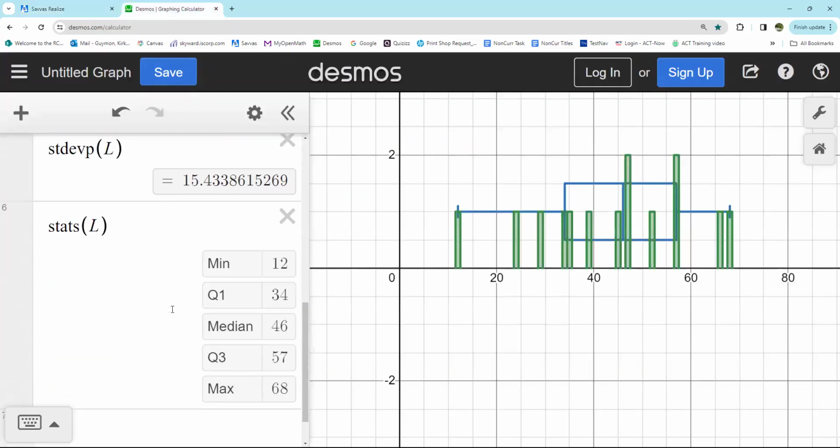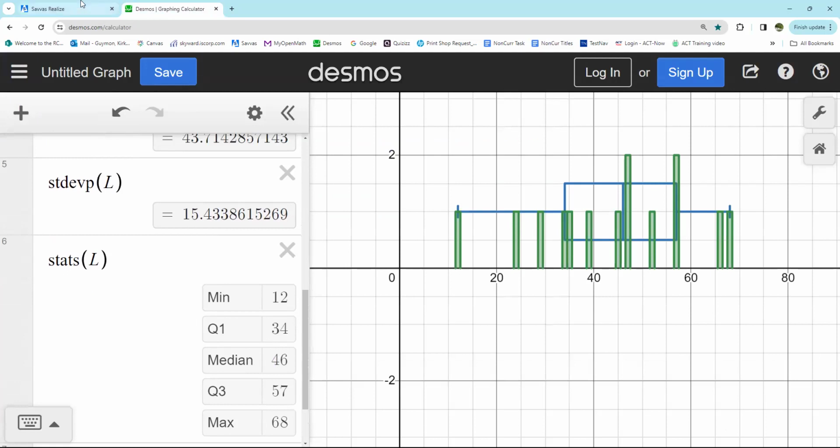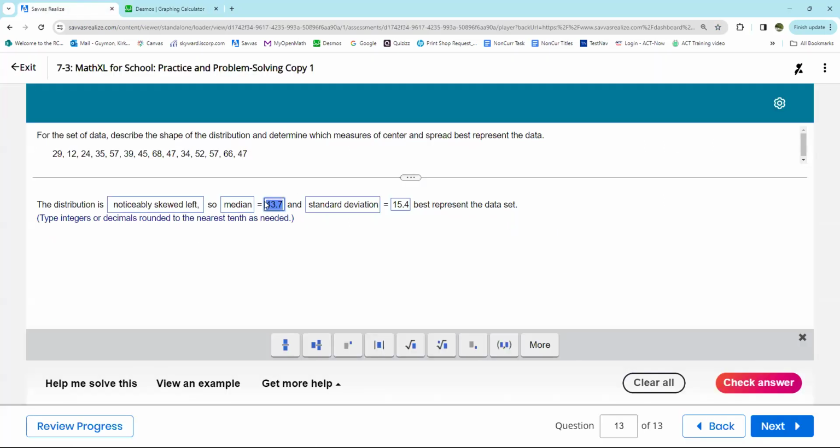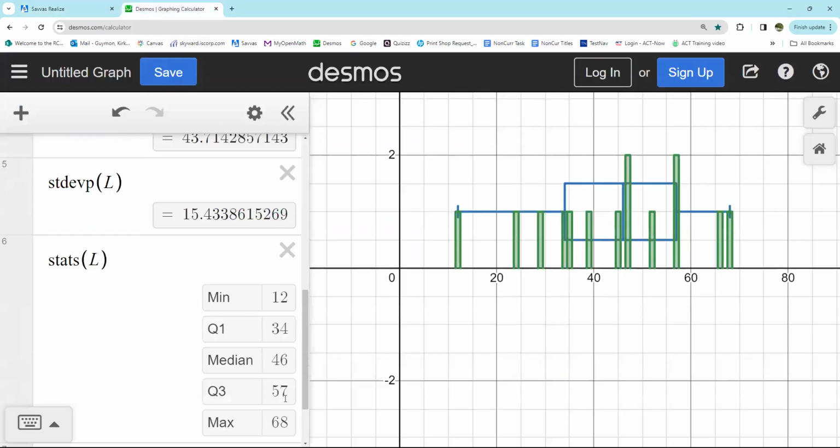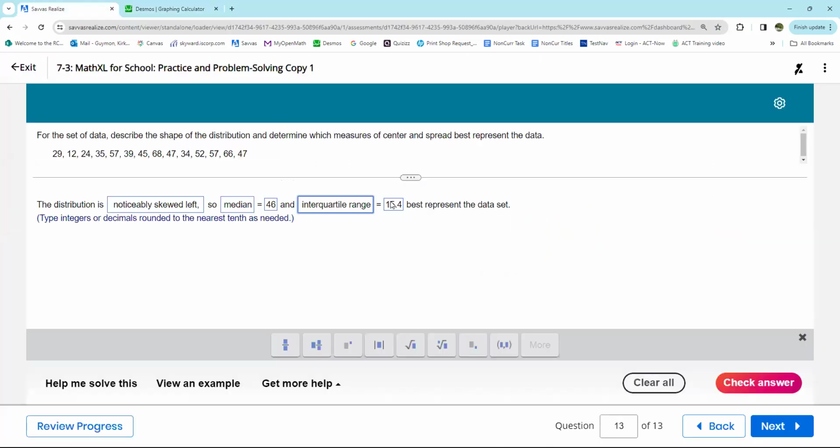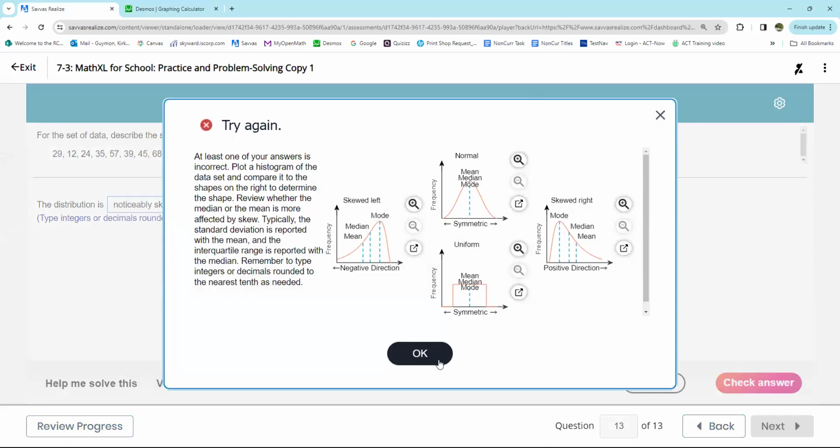And in our median here, stats, it's at 46. And if we're doing the median, we use the interquartile range and subtract Q3, 57 minus Q1, 34, be about 23. And use that. But we tried this last time and it still didn't like it.